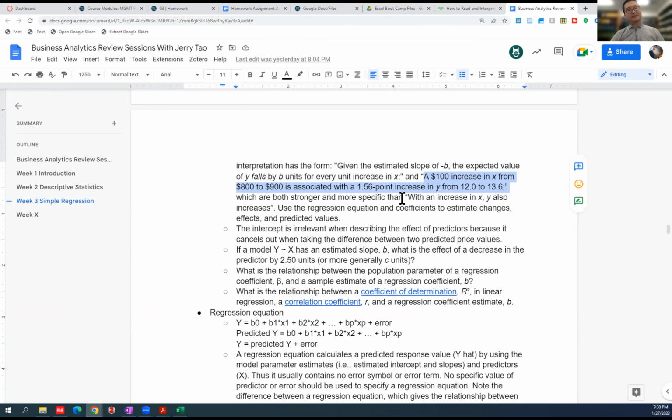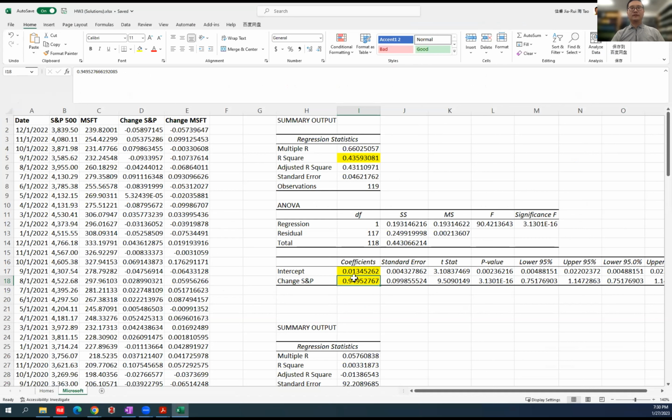This is not incorrect, but it supplies not as much information as what we need when interpreting a slope. We should give it a quantitative magnitude. Any questions regarding coefficient interpretation?